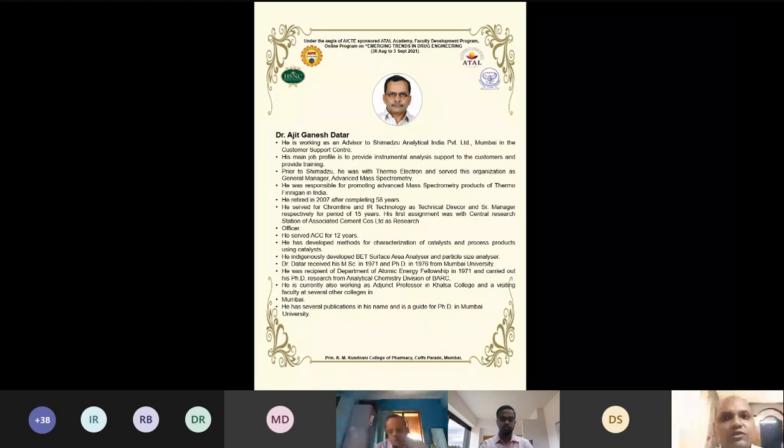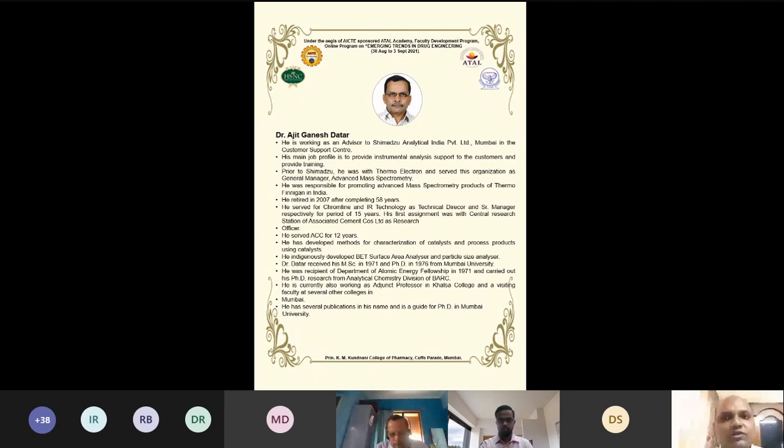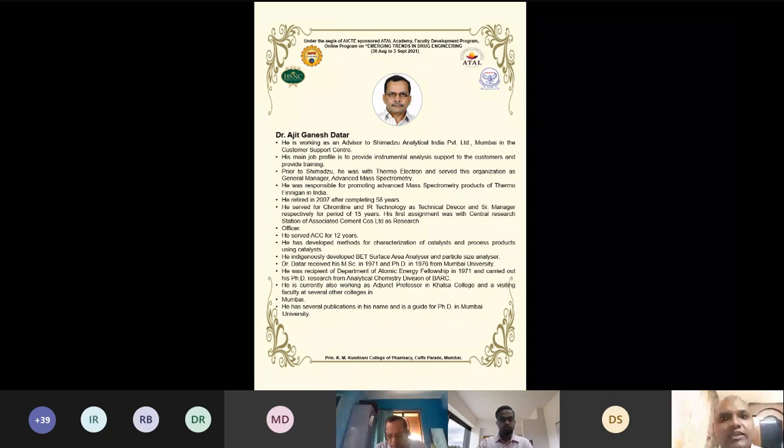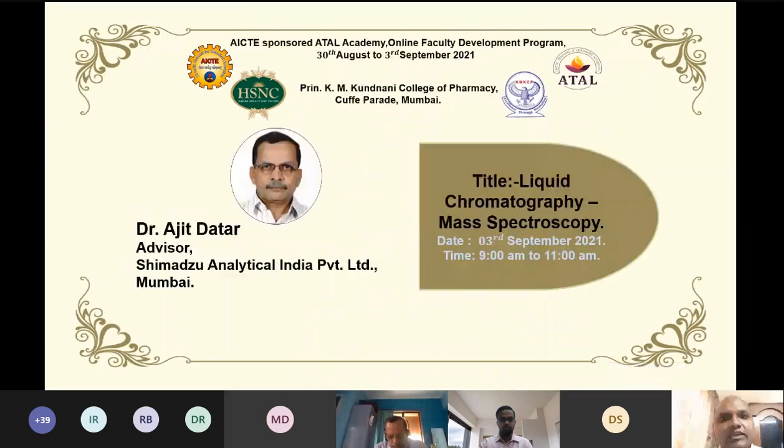He was recipient of the Department of Atomic Energy Fellowship in 1971 and carried out his PhD research in the Analytical Chemistry Division of BARC itself. He is currently also working as adjunct professor at Khalsa College and visiting faculty at several other colleges in Mumbai. He has several publications in his name, and he also guided PhD students at Mumbai University.